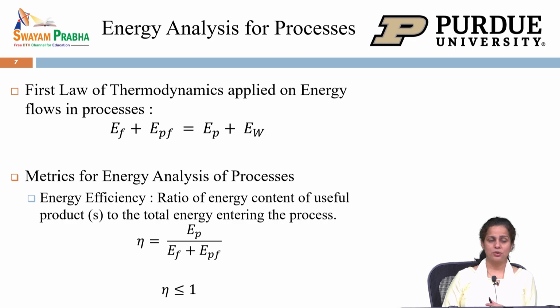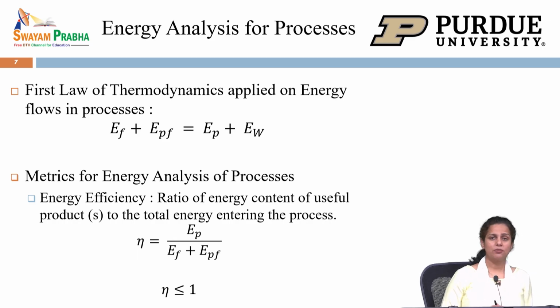Your energy input is EF, which is the feedstock, and EPF, which is the processing energy for the feedstock. EP is the energy of the product, and EW is the energy of the waste. Of course, if you have dissipation energy, you can include that as well, because there might be additional dissipation which is not part of any flows, but it might just be the heat dissipation.